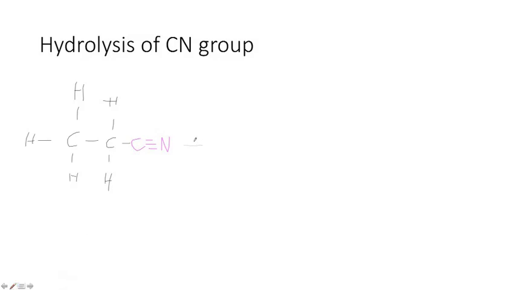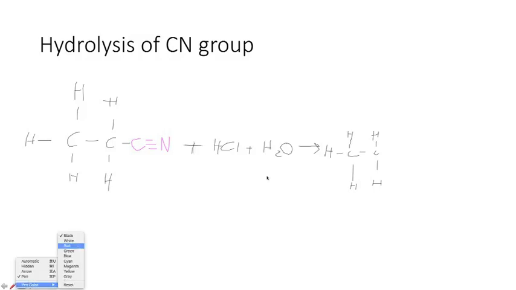And then we're going to add HCl and H2O, and we can form our carboxylic acid, which will have a functional group like this.